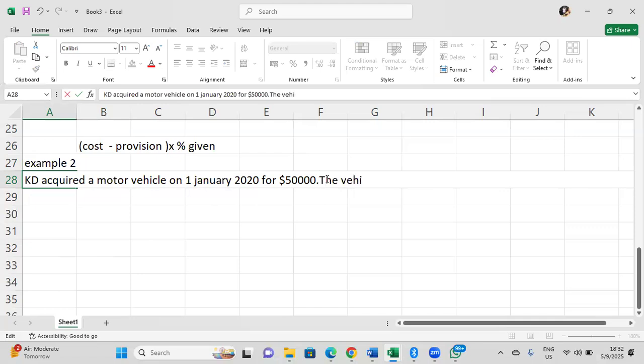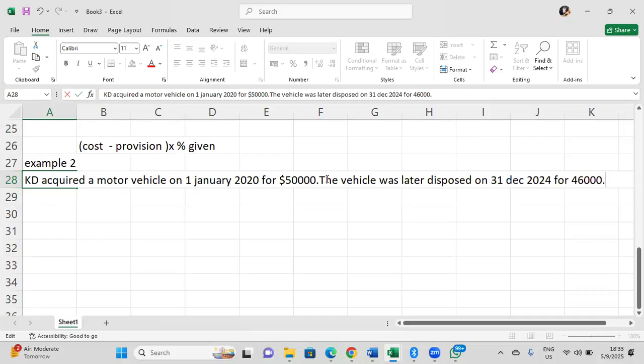The vehicle was later disposed on 31 December 2024. It was sold for 46,000.